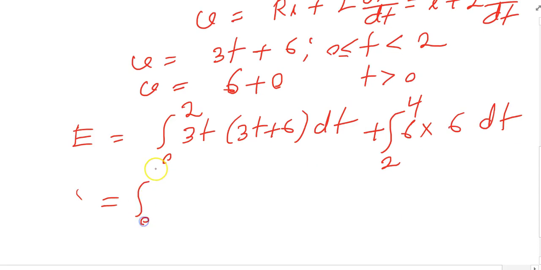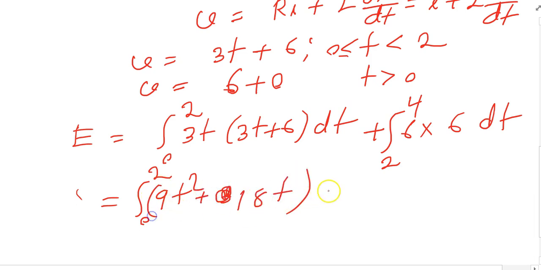So the integral from 0 to 2 of 9t squared plus 18t dt, plus 36 into 4 minus 2.